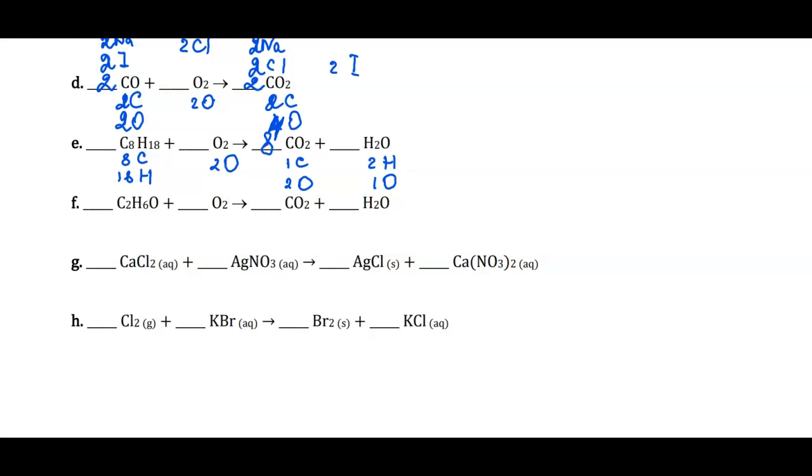That changes the amount of carbons, and 8 times more oxygen gives us 16, right? The next one, 18 hydrogens, and 2 hydrogens here gives us 9 in front of water.